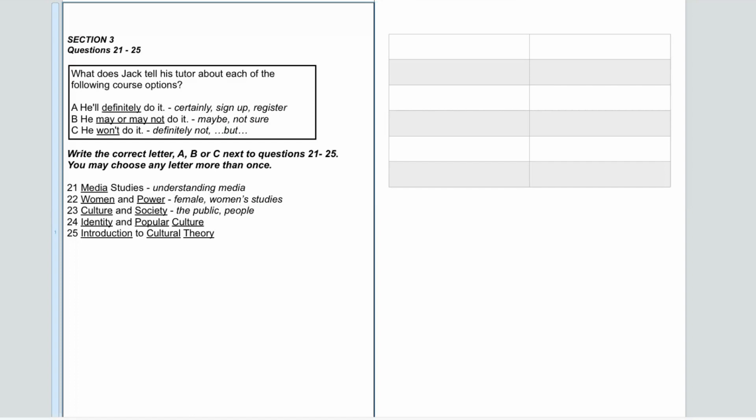And number 24, quickly, I would say something like individuality for identity. So I'll write here individuality. And then, of course, pop culture is a nice abbreviation for popular culture, so don't be surprised if that comes up in the transcript as well.